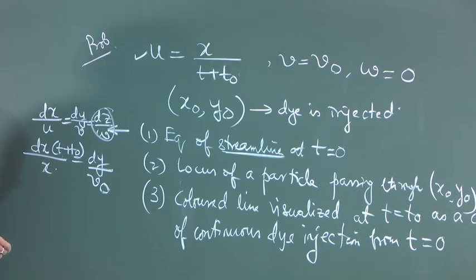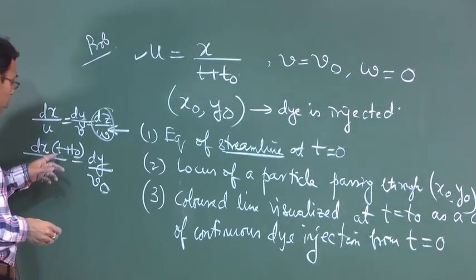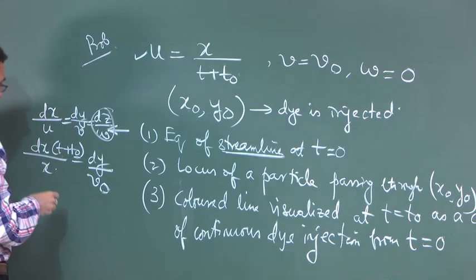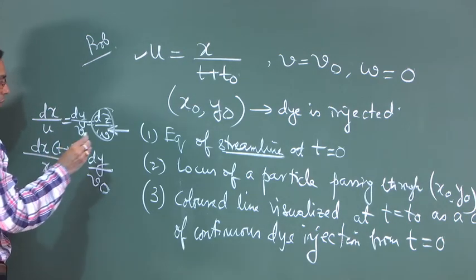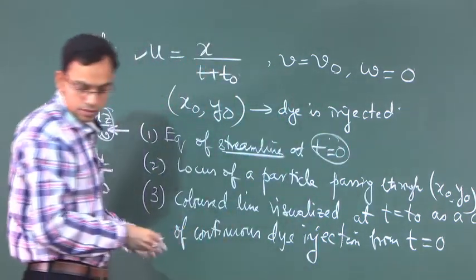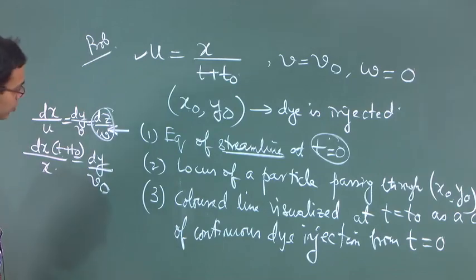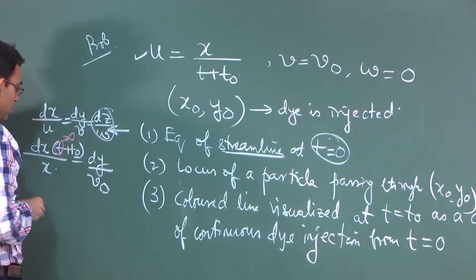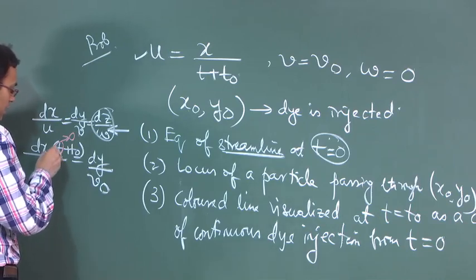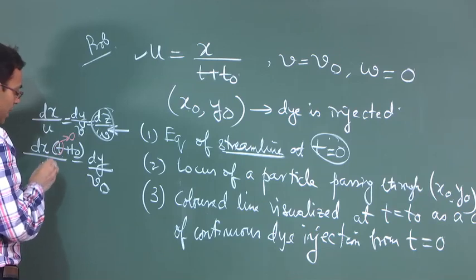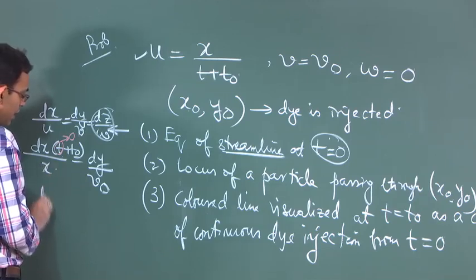So, now you have to figure out at what time you are asked to find the equation of streamline. So, at t equal to 0 this will become 0. So, you can write dx by x, and now integrate it.